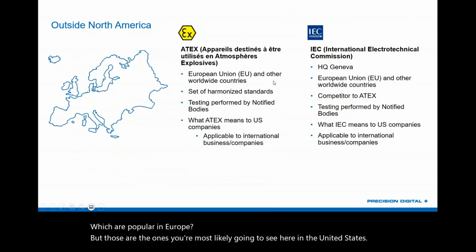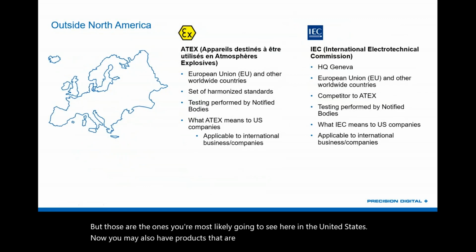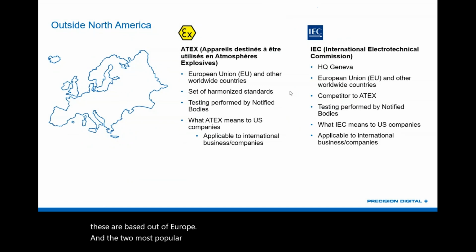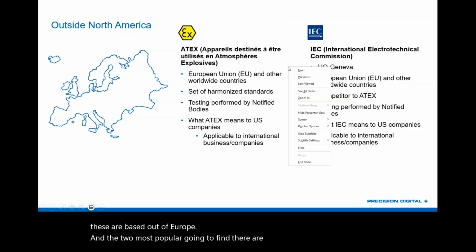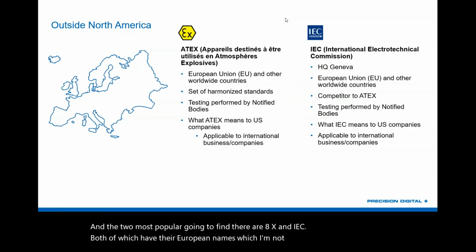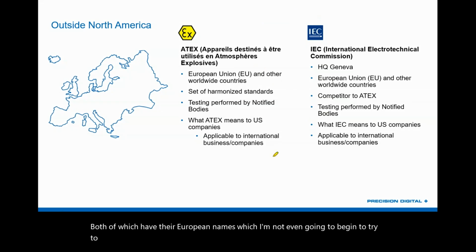Now, you may also have products that are listed with international approvals. Mostly these are based out of Europe. And the two most popular you're going to find there are ATEX and IEC, both of which have their European names, which I'm not even going to begin to try to pronounce. So ATEX is really strong in the European Union, although it does make it to worldwide countries.